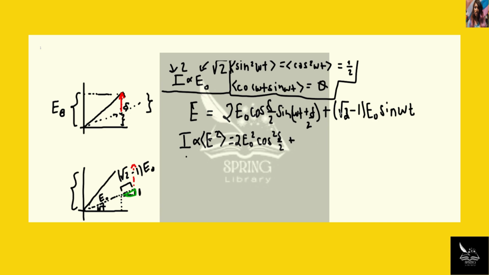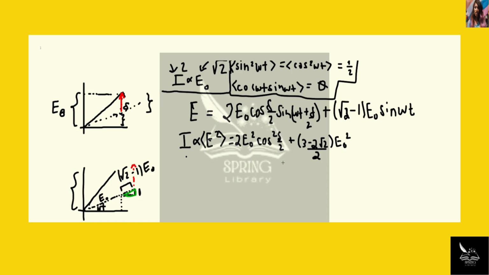Square the last one. Squaring this prefactor gives you 3 minus 2 square root of 2 times e naught squared, and another sine squared omega t. Averaging gives you 1/2 for the time averaging.